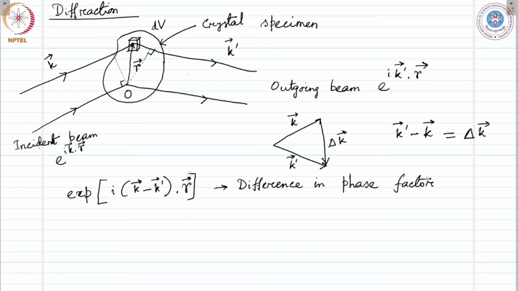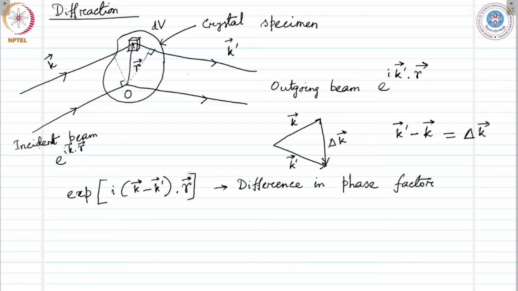Okay, and this is for the beams hitting at a distance r apart, separated by a vector r. Now the wave vectors of the incoming and outgoing beams, as we have marked here, are k and k prime.